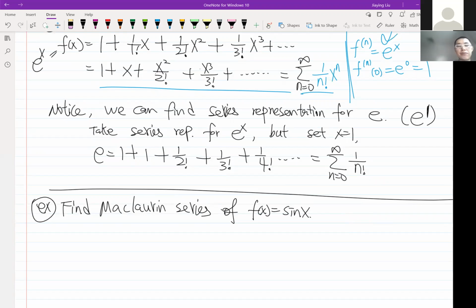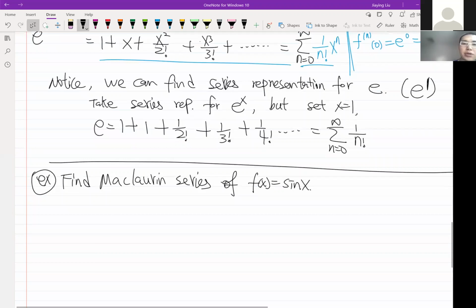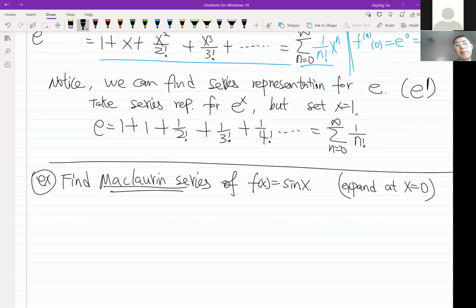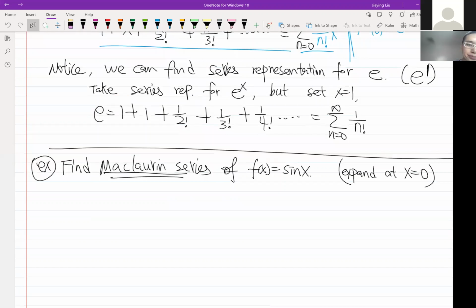But we can try to find it using the Maclaurin series or the Taylor series. So this implies that we're expanding the function at x equals 0, not just a random number a, because it's a Maclaurin series. That's what I'm looking for.